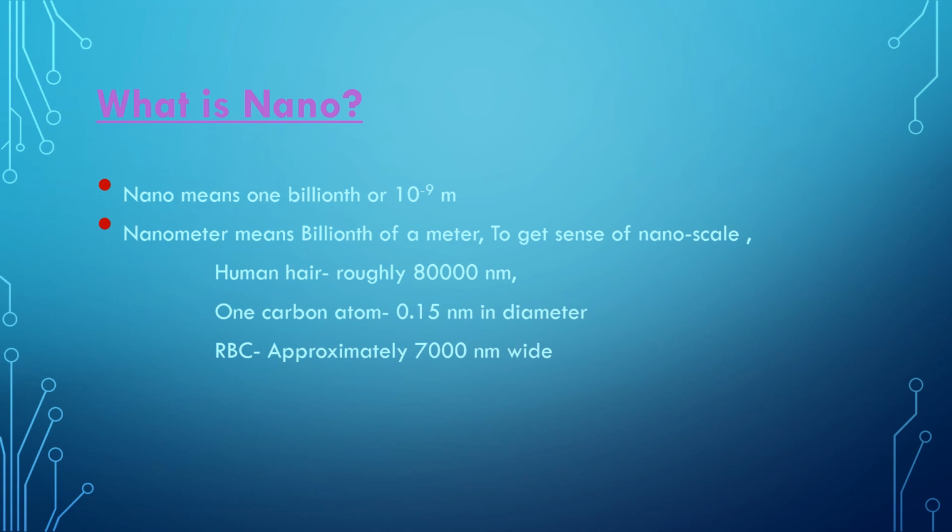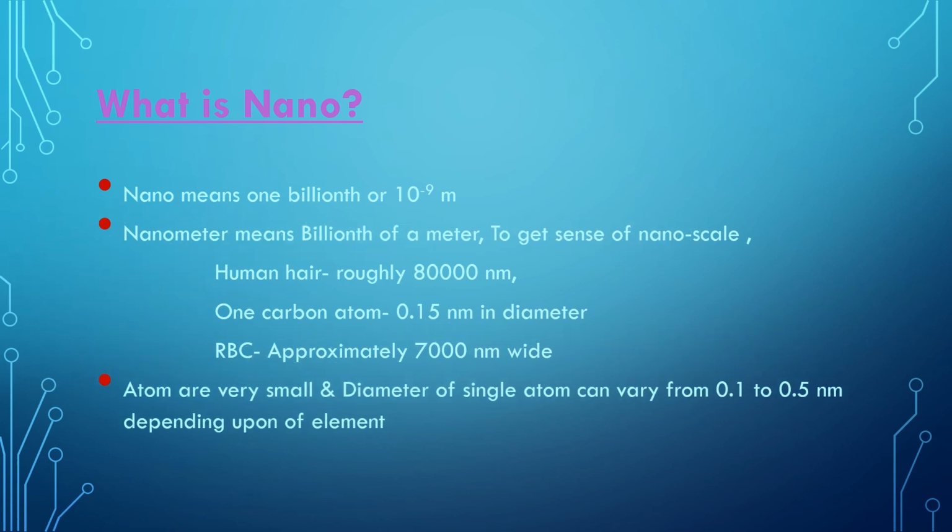Next, atoms are very small, and the diameter of a single atom can vary from 0.1 to 0.5 nanometer depending upon the element. Means different elements have different diameters. For example, a hydrogen atom has a different diameter than a sodium atom.